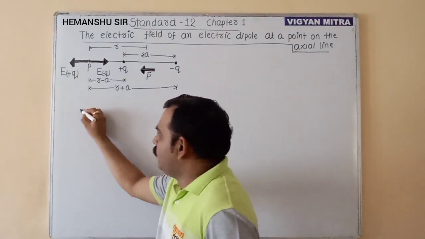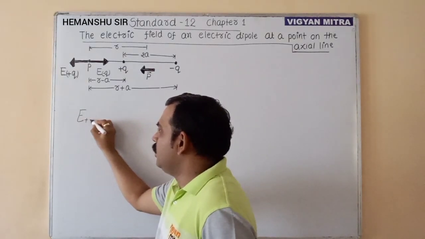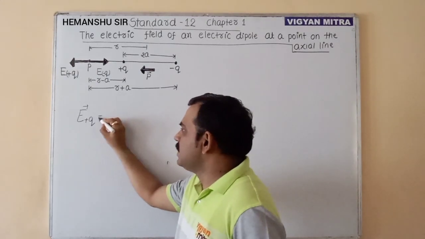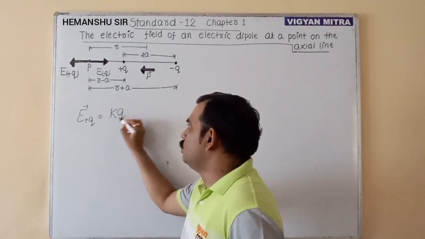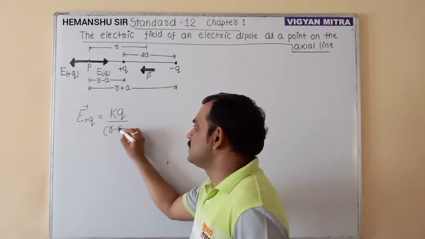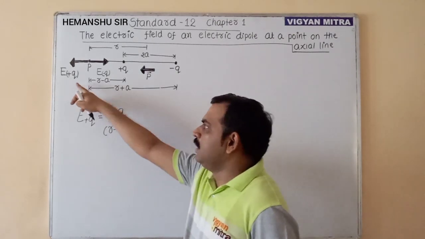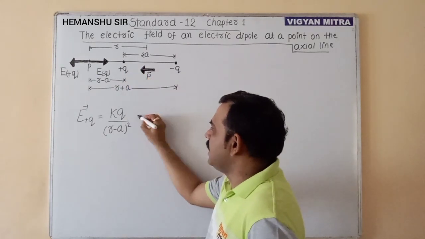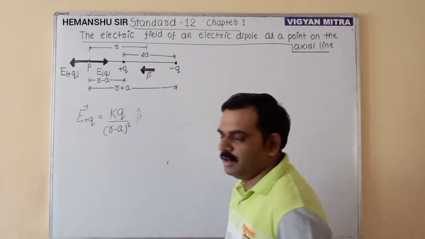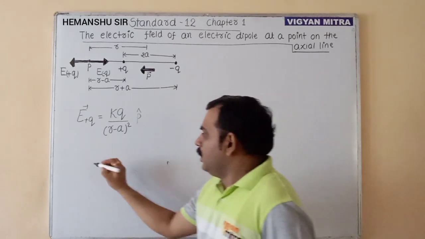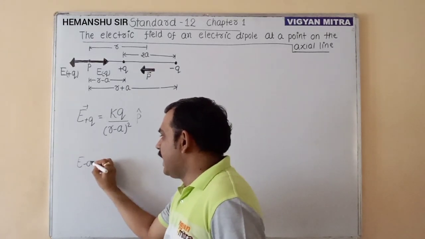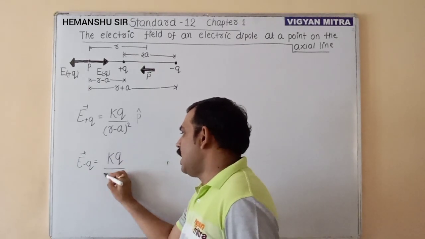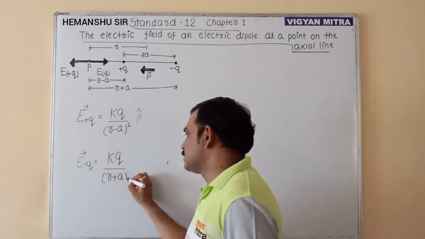Now, electric field at point P due to the positive charge, E plus Q vector, is equal to KQ by R minus A whole square. Here the electric field due to the positive charge and the dipole moment are in the same direction, so we can write P cap. Electric field due to the negative charge at point P is given by KQ by R plus A whole square.